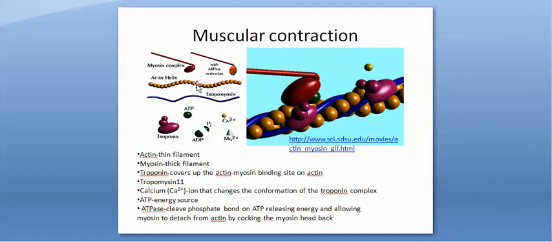However, actin has some very suspicious and protective parents called the troponin complex, which is right here. The troponin complex covers the binding site of actin, which doesn't allow myosin to make contact with actin.